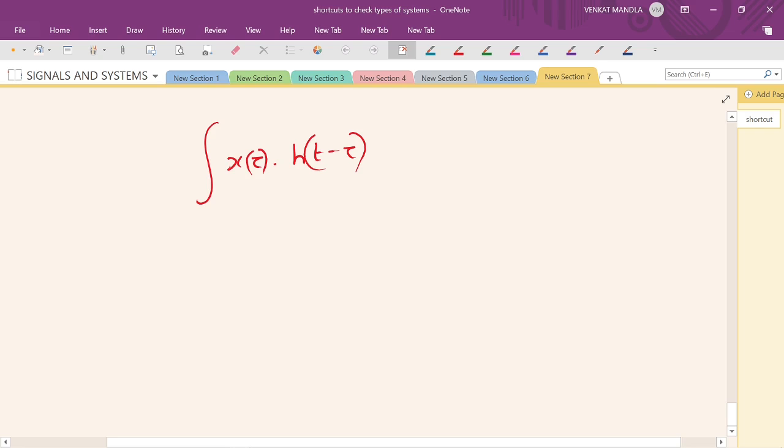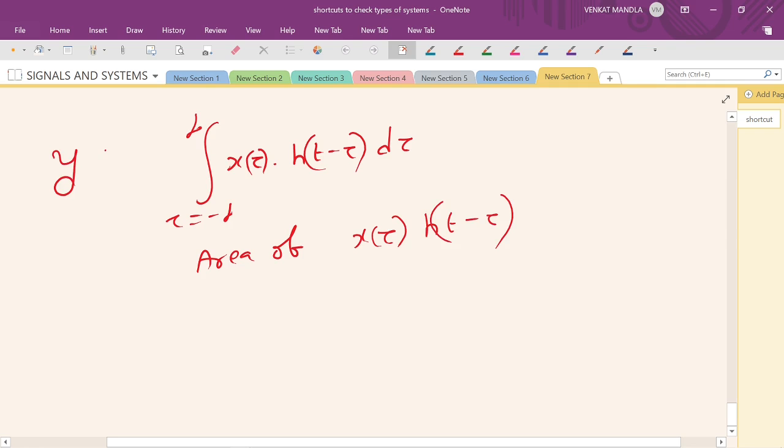Integration is nothing but area, from tau equal to minus infinity to plus infinity. This is the area of x of tau into h of t minus tau. This is the output y of t. This is what we are doing here. The same operations are applicable for discrete time signals also, which I am not explaining here.